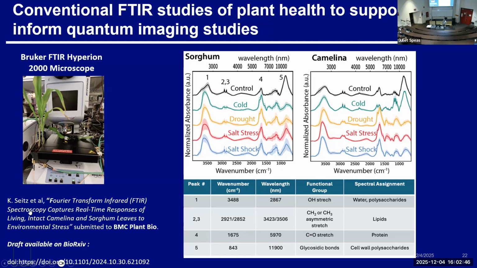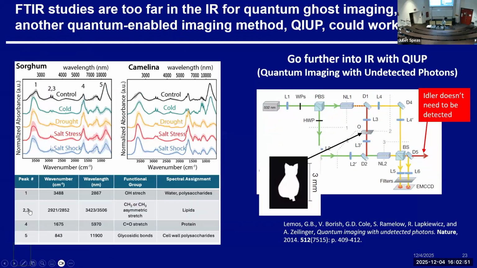So we were interested in developing, and are working towards developing, a different quantum imaging technique that was developed by Anton Zeilinger in his lab, and Gabriela Barreto Lemos, Sven Ramelow and a few others about 10 years ago, called quantum imaging with undetected photons, or QUIP. What's good about QUIP is that it's similar in that you're creating entangled photon pairs in a nonlinear optical crystal. But in QUIP, you're using the idler photon to probe your object of interest, and you're forming an image with the signal photon on a camera or an imaging sensor.